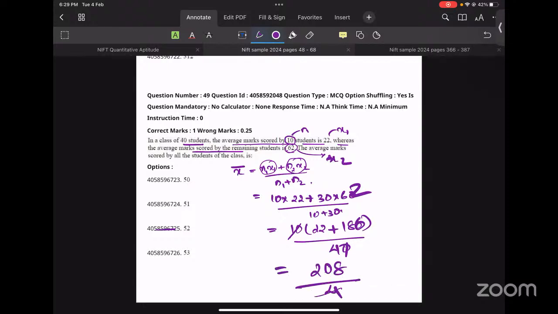So answer is 52. Okay, 52 is the right answer.